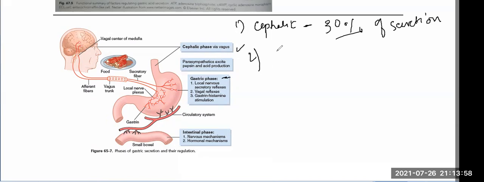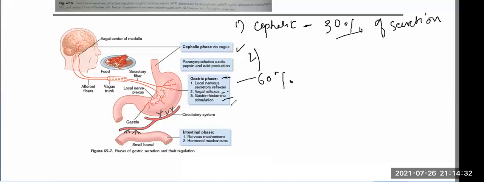So this occurs when food enters the stomach and causes secretion of gastric juice, and this will contribute 60% maximum of gastric secretion. This gastric phase is regulated by local nervous secretory reflexes, vagal reflexes, and gastrointestinal stimulation. So gastrointestinal stimulation is also taking part here.